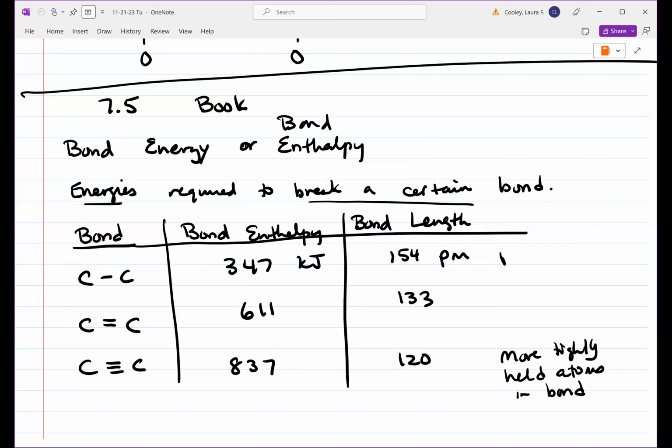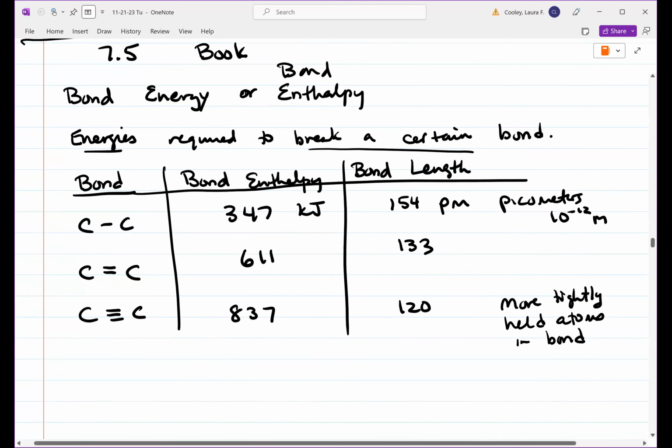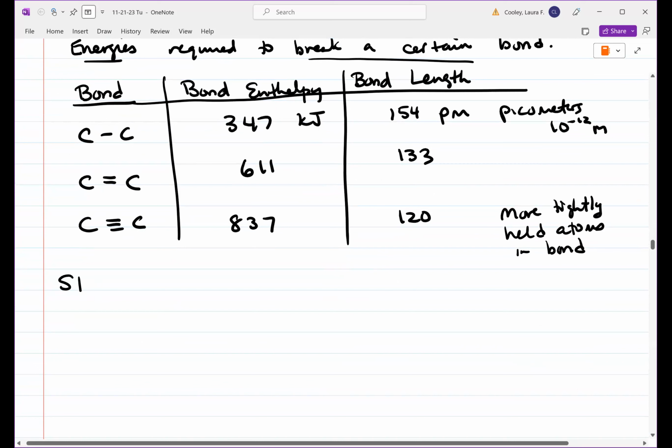PM, picometers. That's 10 to the minus 12. I can't erase that, so they're tightly held. So stronger bonds. If we're talking about the same two atoms, I can't really compare a CH single bond to a CC double bond.